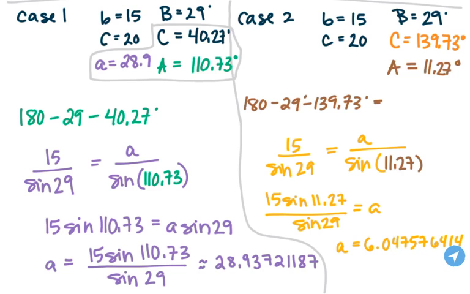This is the decimal place that I get. And so we'll round that and we'll say, well, that a is approximately 6.05. So there's my second solution for this side-side-angle, pain in the SSA triangle.